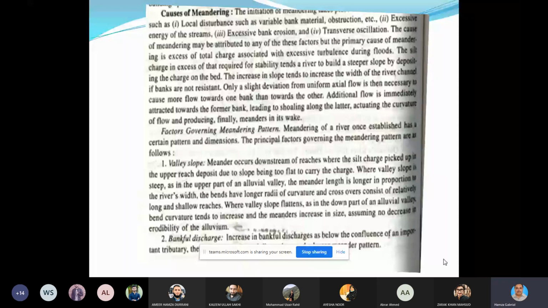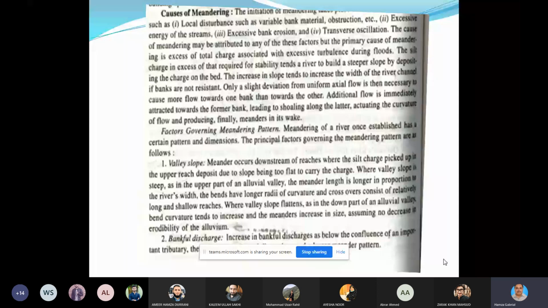The factors which govern the meandering pattern have different impacts, that's why some rivers exhibit small amplitude meanders, while other rivers show very prominent, large amplitude meanders. So what are the factors which govern this meandering pattern?